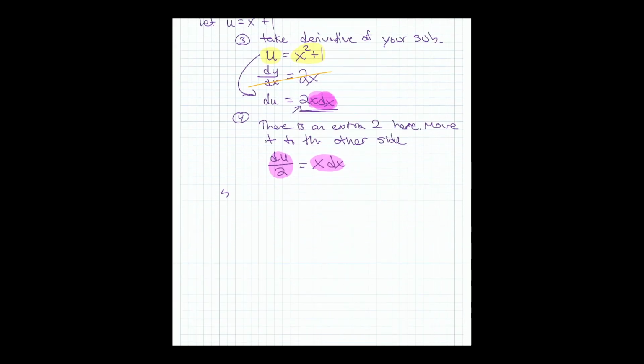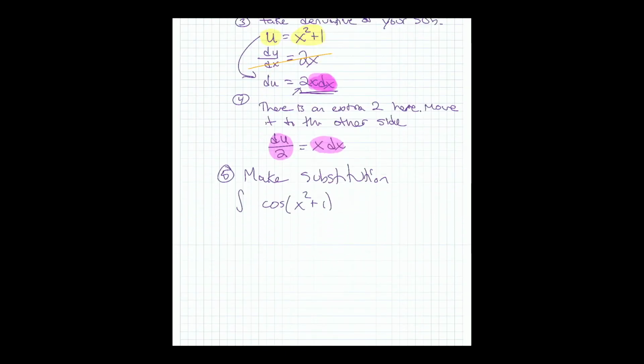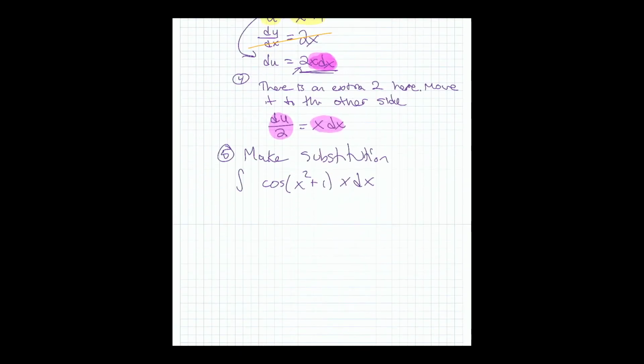So now you make your substitution. Our integral was x cosine of x squared plus 1 dx. But I'm going to move this x to the end. That's the same integral, right? Integral cosine of x squared plus 1, times x dx. All right, so we want to make our substitution, but x dx right here happens to be equal to du over 2.